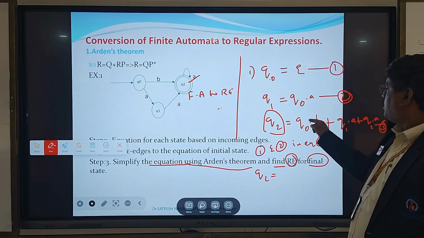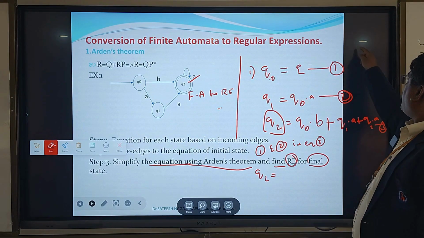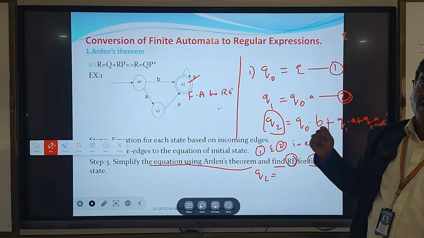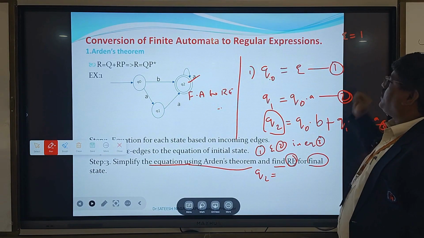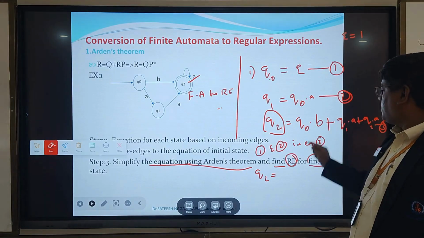Now we get the value of Q0. What is the Q0 value? Epsilon. You have already come across the identity laws: as per the identity rules, epsilon is treated as 1.